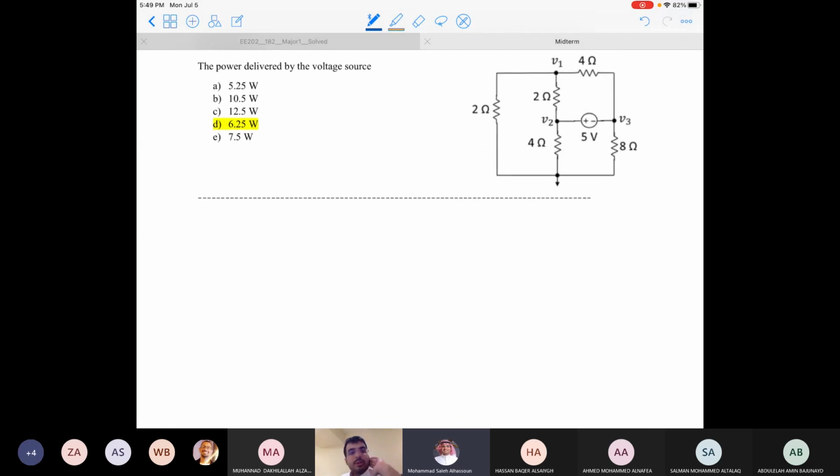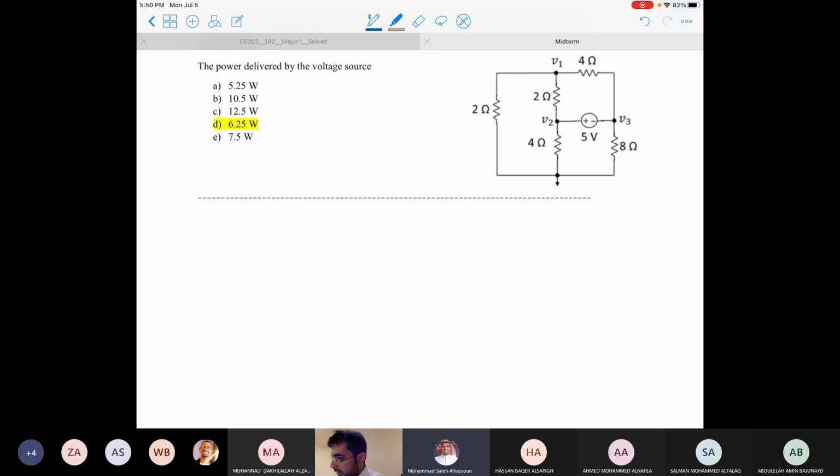In order to find the power delivered by the voltage source, we need to find the current supplied by that source. Nothing fancy here, simply the standard relation. Find the current, and from this current you can determine the power.